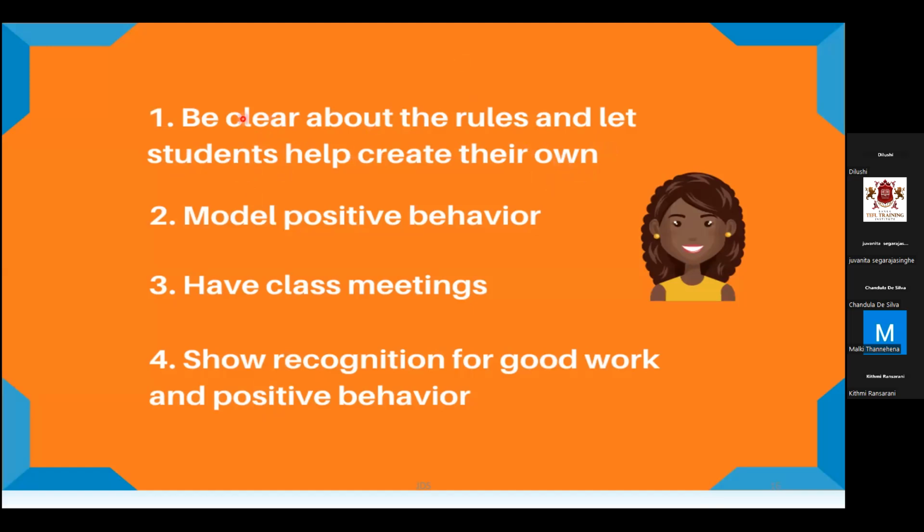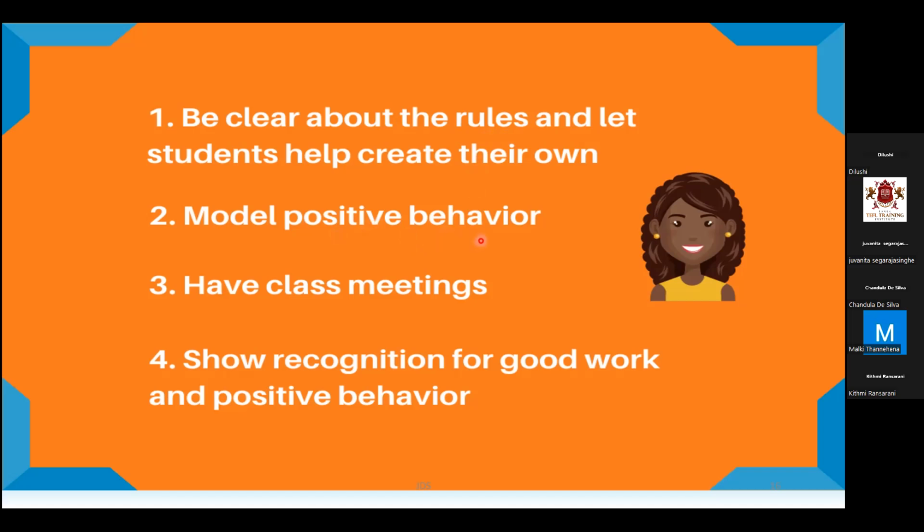So there should be certain rules. When a child comes to a classroom, have certain ground rules. They should be well informed regarding those rules, and they should be monitored, right? Whether they are following them or not.